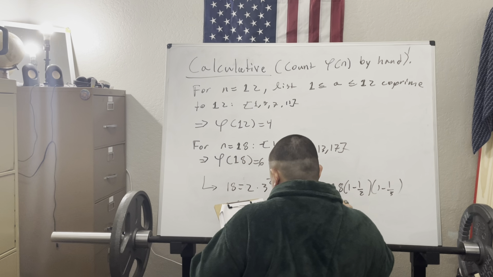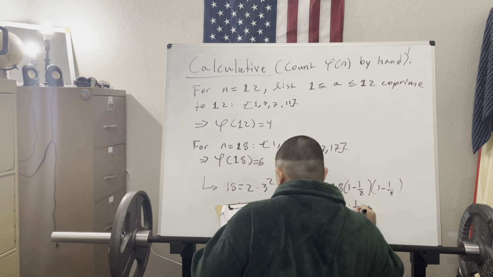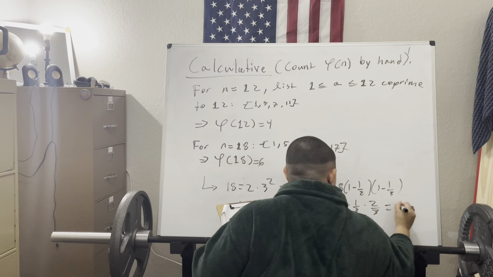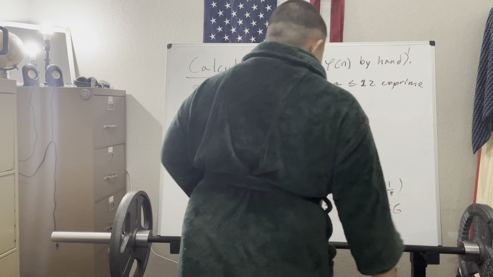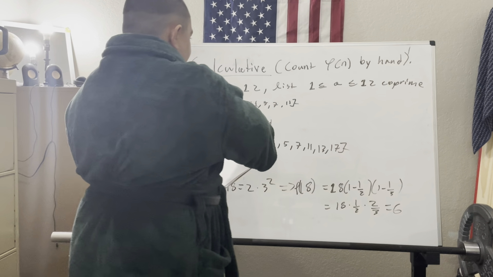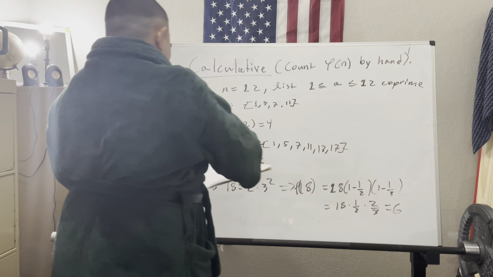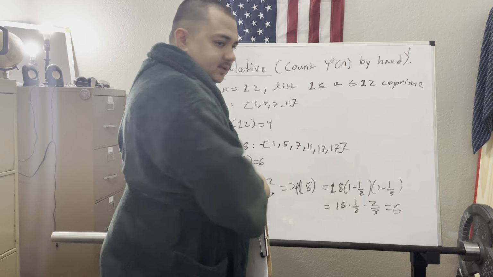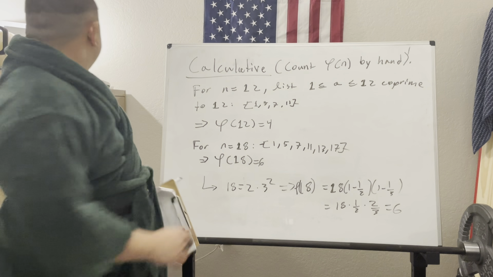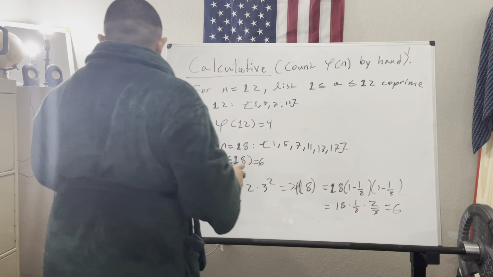And what does that get us? Well, that gets us 18 times 1/2 times 2/3, which is equal to 6. So there we go. We looked at the logical consistency beforehand, and now we have shown concretely that it works. Now, let's move on to another calculative.